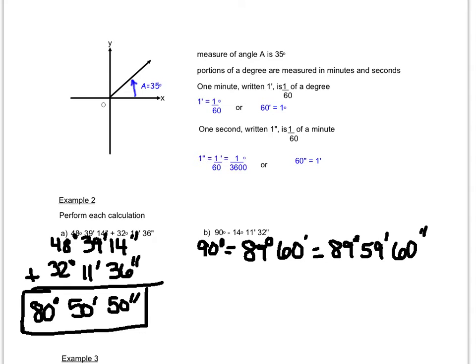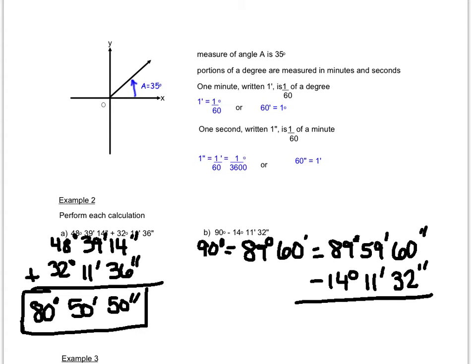So now we can go ahead and subtract. So we have 89 degrees, and actually let's write that right underneath what we already have to save some space. So we have 89 degrees, 59 minutes, and 60 seconds, minus 14 degrees, 11 minutes, and 32 seconds.